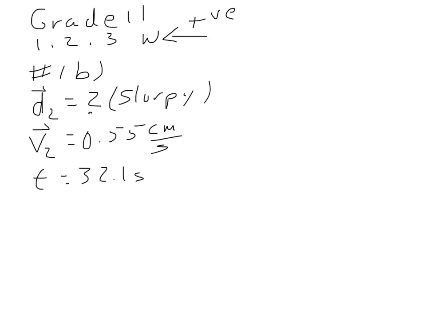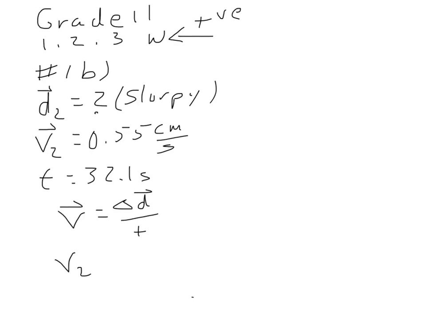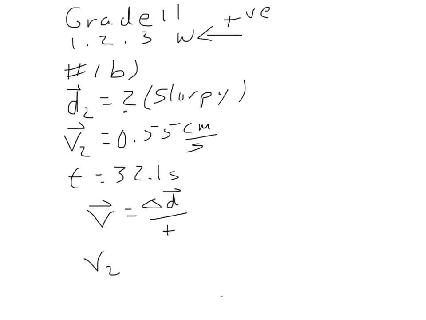Again, this is just an average velocity equation, v equals d over t. In this case, v2 equals d2 over total time.